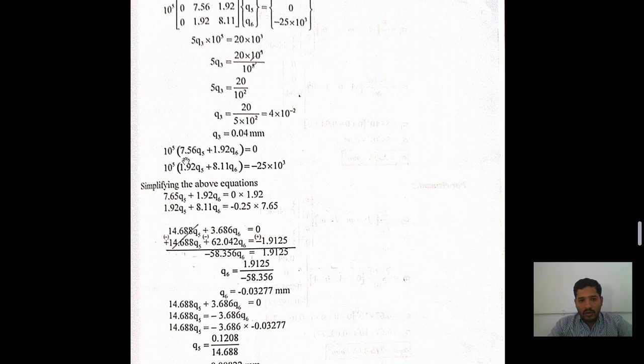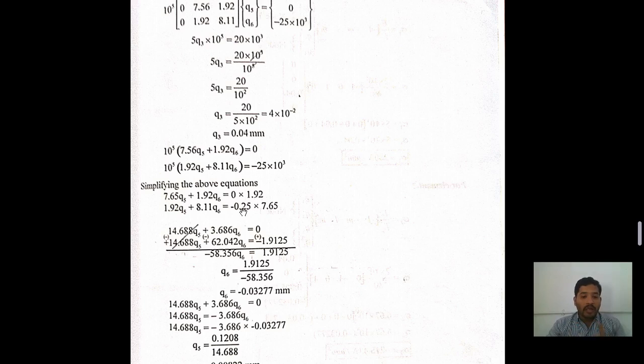If you divide this 10 power of 5 by 0, it becomes 0. The same value we have to represent here: 7.56 Q5 plus 1.92 Q6 equal to 0, and here 1.92 Q5 plus 8.11 Q6 is equal to how much? If you divide minus 25 into 10 power of 3 by 10 power of 5, then you will get the answer as minus 0.25.